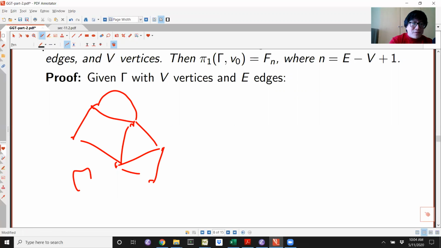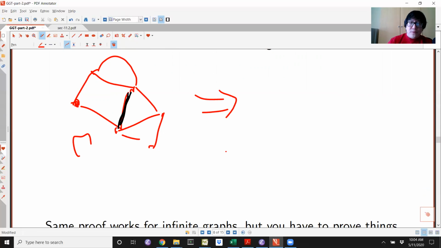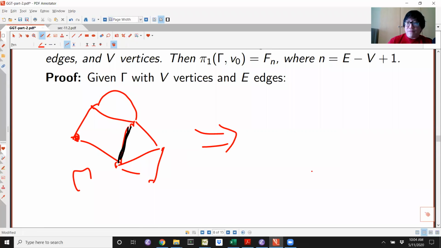Well, one good place to find a tree is any single edge that's not a self loop. If you have more than one vertex, there must be an edge that's not a self loop. So we find some random edge that's not a self loop, and we collapse it, and we're guaranteed to find that as long as we have more than one vertex.